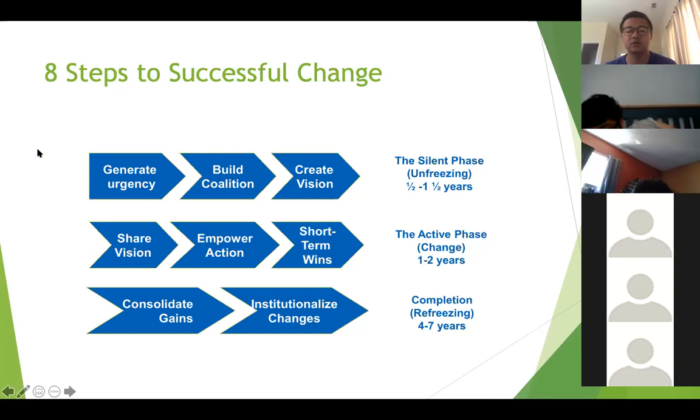Okay, these 2 belong to the unfreezing. These 2 are change, and the last 2 are the refreezing. Okay, the left side is 8 steps. The right side is the 3 phases.